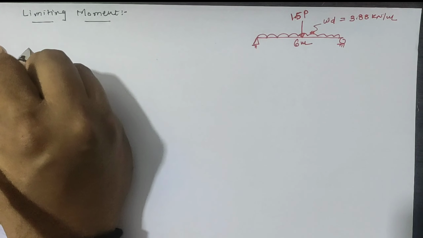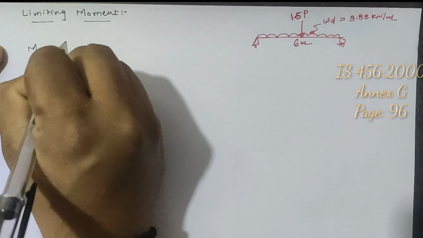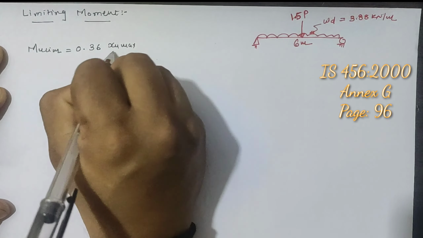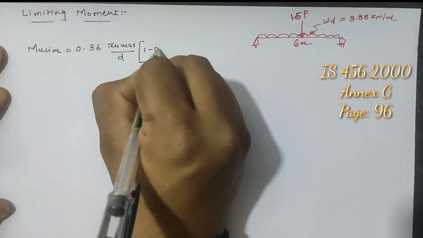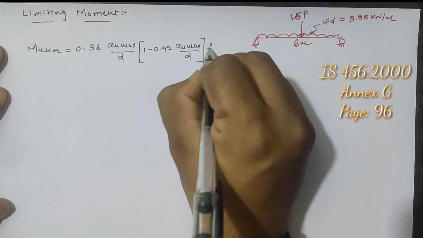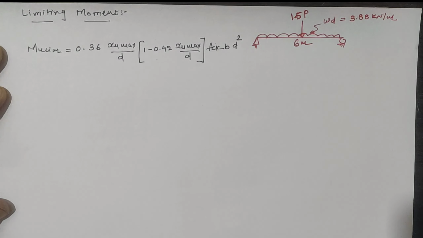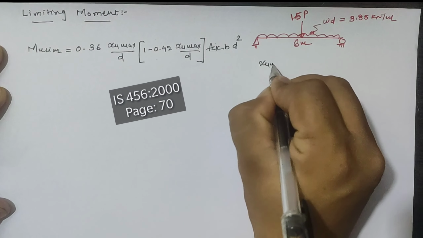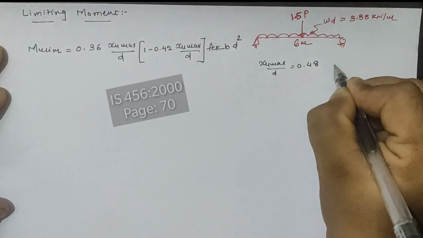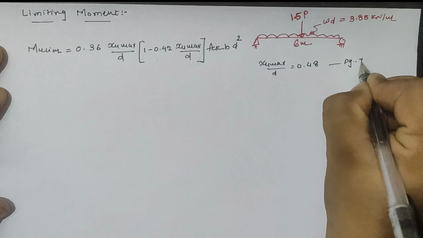Our equation is where Xu max by D is 0.48 according to page number 70.